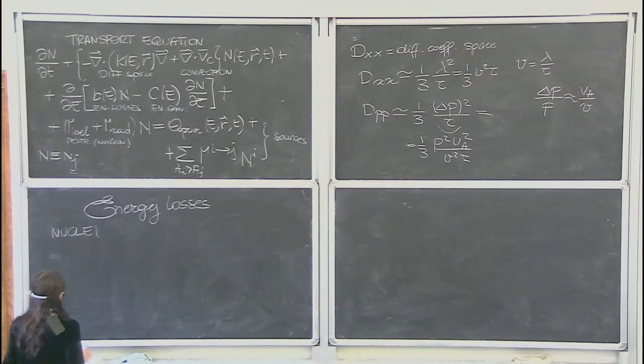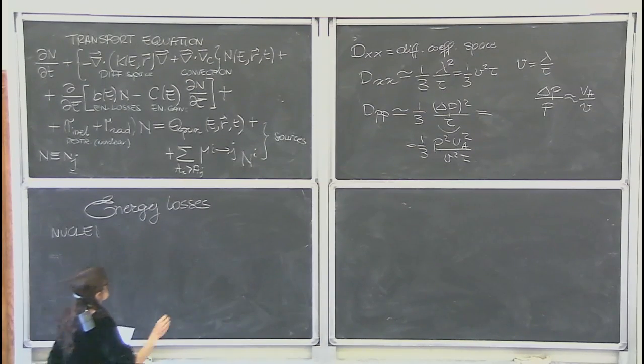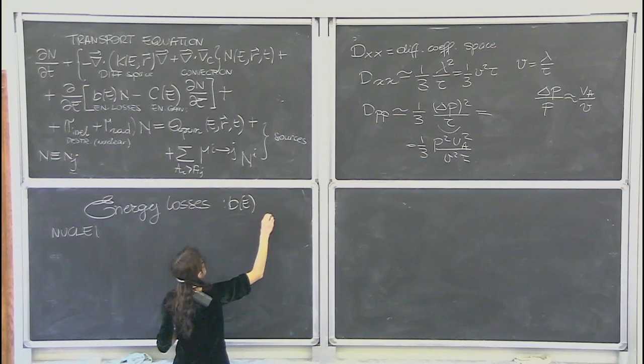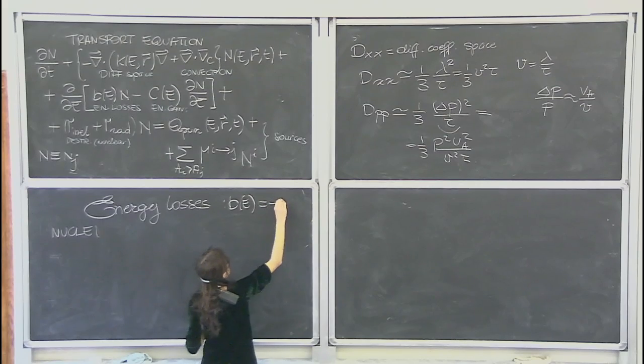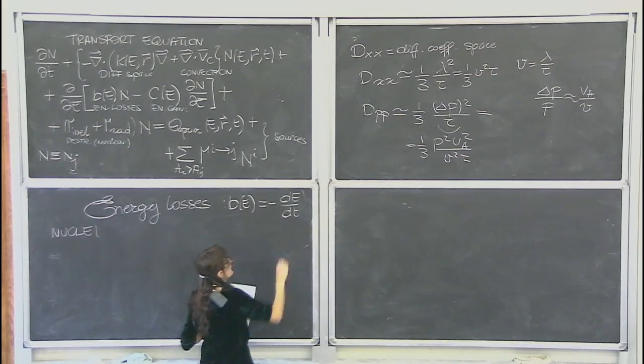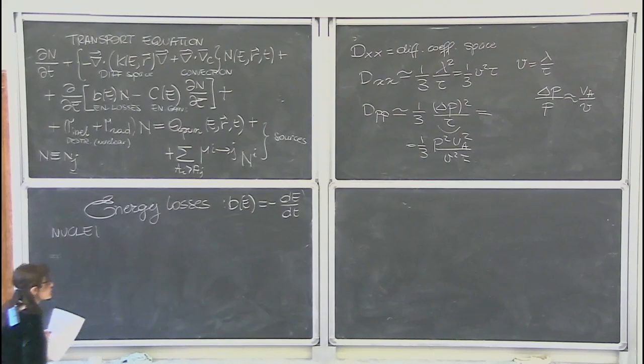And these energy losses that enter in the term B, and sometimes are written also in this way, are of two types.